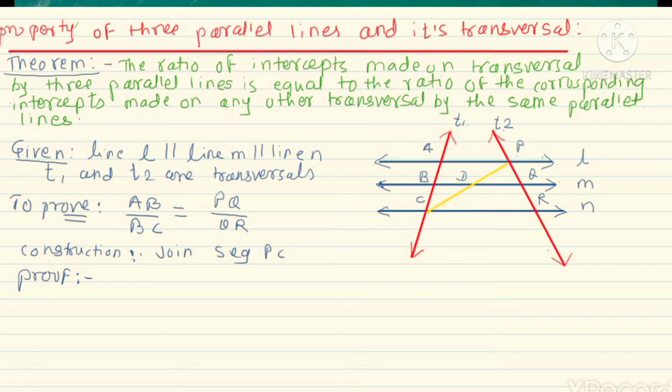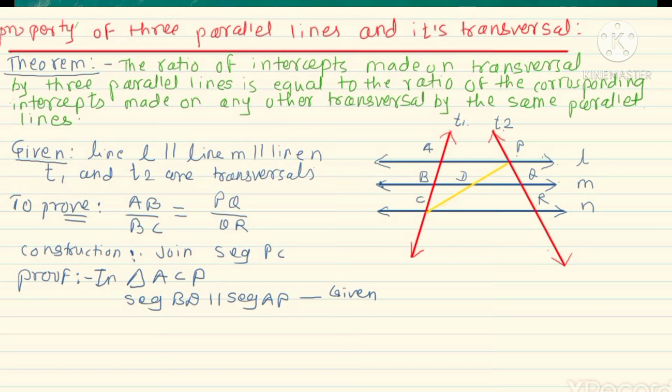So I am writing here: in triangle ACP, segment BD is parallel to segment AP. Why do I write this? Because this is given.